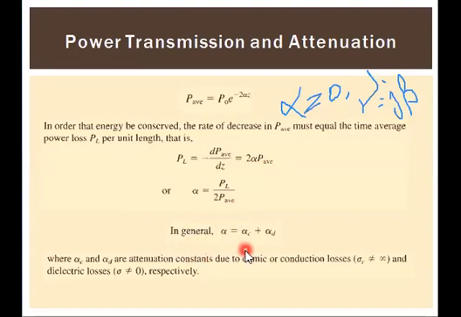Now, in general, alpha equal to alpha C plus alpha D. This is the general equation, that is, the attenuation alpha equal to alpha C plus alpha D. Here, alpha C is the attenuation constant due to the ohmic or conduction loss, and alpha D is the dielectric loss.